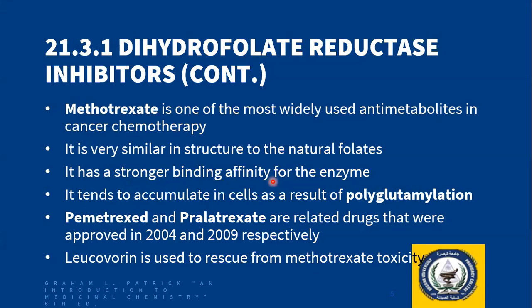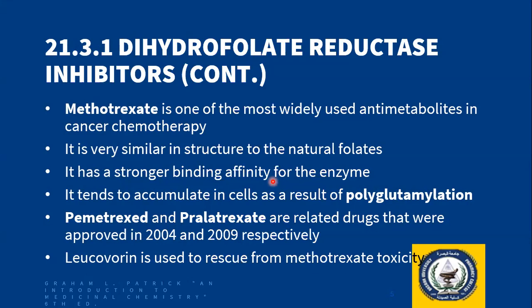Why? It's going to make the molecule larger, and it has more charge, and that will trap the folate or the methotrexate inside the cell. Okay, so that's a good thing. We have a process to increase the concentration of methotrexate inside the cells where we want it to work.